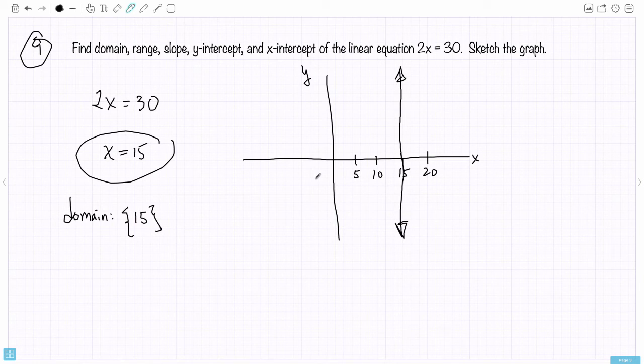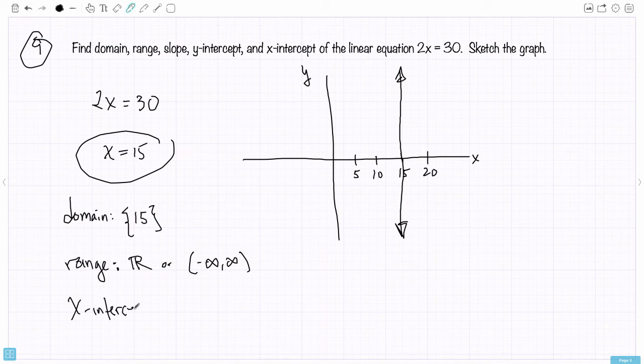That's another way of looking at the domain: the interval of all x values for which this curve is defined. There's only one x value, and that's 15. And the range is all real numbers. You could put it like that, or in interval notation, you could say minus infinity to infinity.